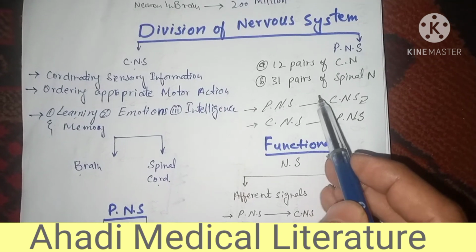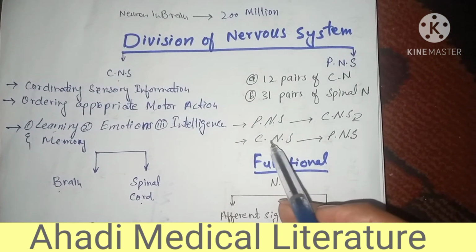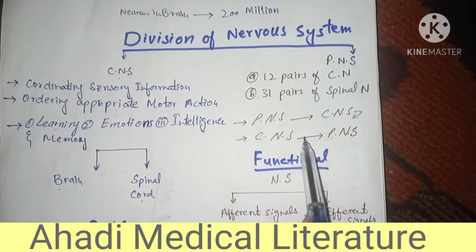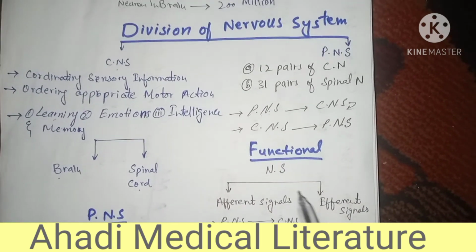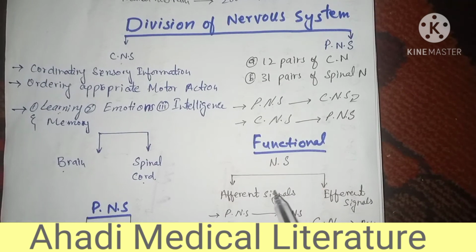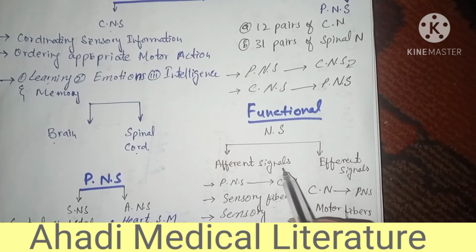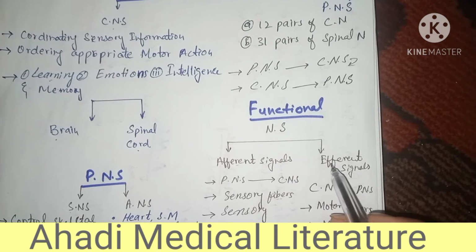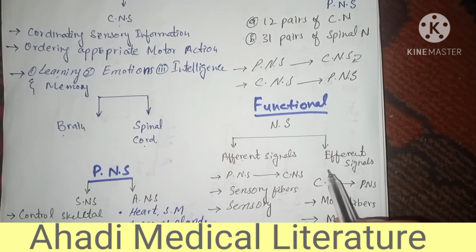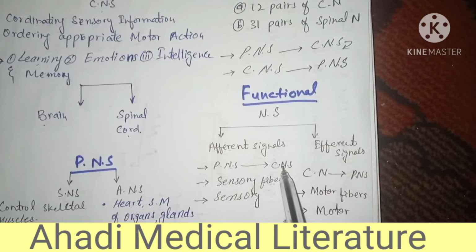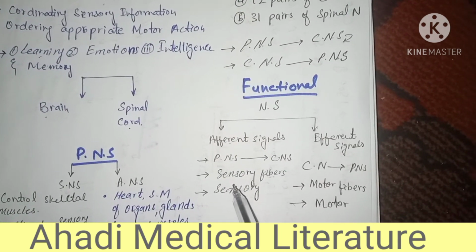This is also called afferent, and from the CNS to the peripheral nervous system, it is efferent. And the functional nervous system consists of two components. The first component is afferent signals or impulses and the second is efferent signals or impulses.